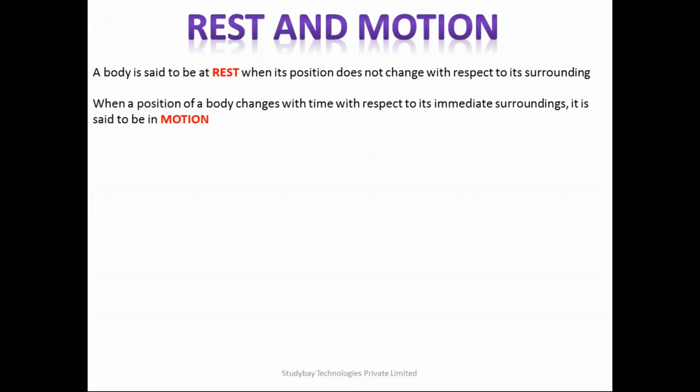In that case, with respect to a fellow passenger, you are at rest because the positions are not changing. But for the person standing outside, the positions of your fellow passenger and yourself are changing with respect to him. So he can say that yes, you people are in a state of motion. So this is what is called rest and motion.